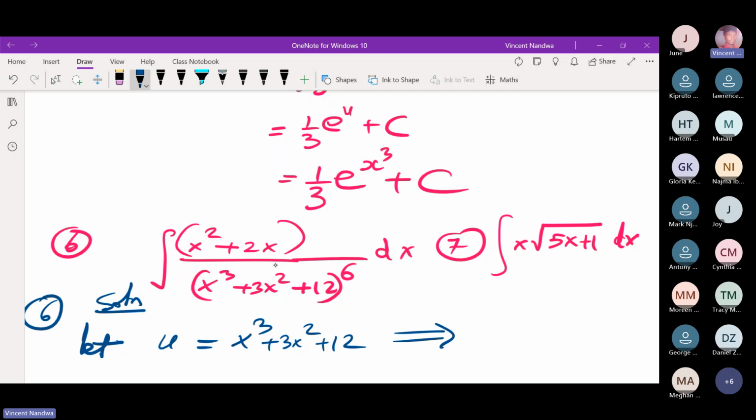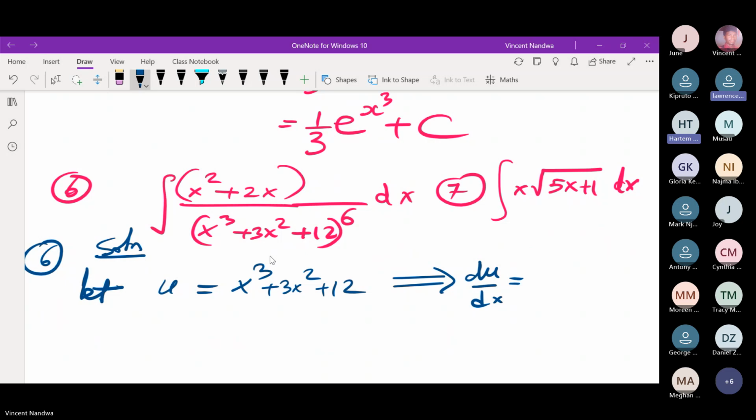So du over dx will be 3x squared plus 6x. So which means then du alone will be 3x squared plus 6x in brackets dx. Correct.